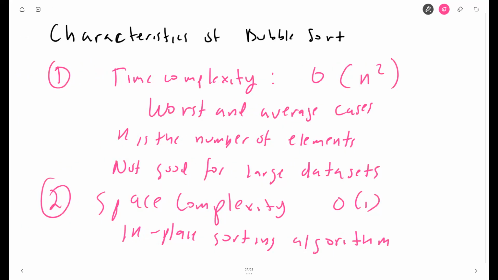Now we're going to talk about stability.